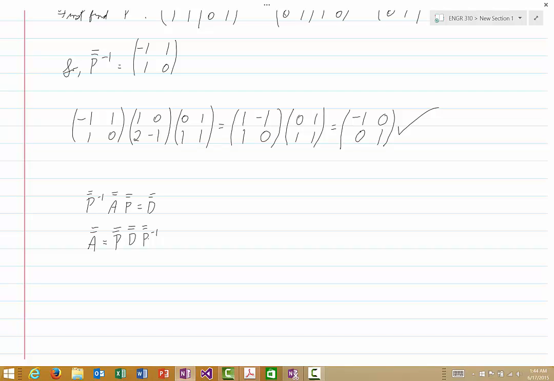Now, let's say that we wanted to take A, just as an example, let's say that we wanted to calculate A to the third power.